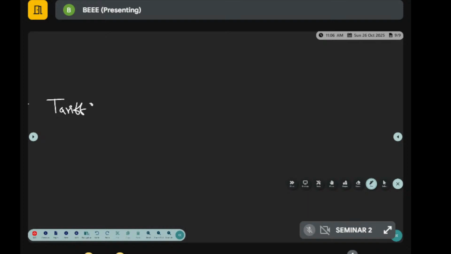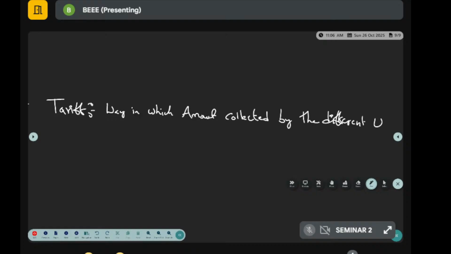What is meant by tariff? The way in which the amount is collected from different users is nothing but tariff.